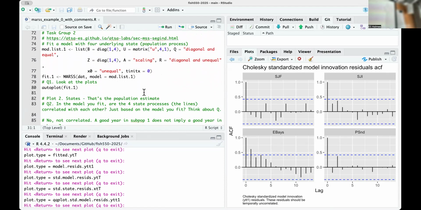We're going to have X1, X2, X3, X4. And that means that this has to be 4 and 4, and this will be diagonal.